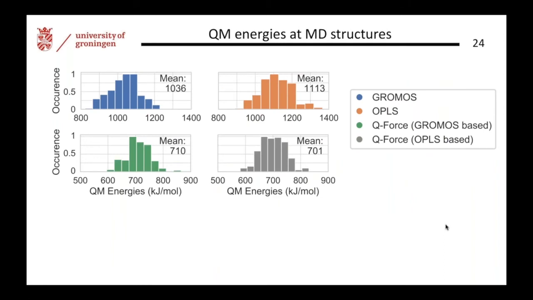One final thing we can look at to compare the relative performance of these force fields is the QM energies. And what we show here is the QM energy for the optimized geometry is set to 0. And here you can see the relative energies of all the snapshots that were taken.